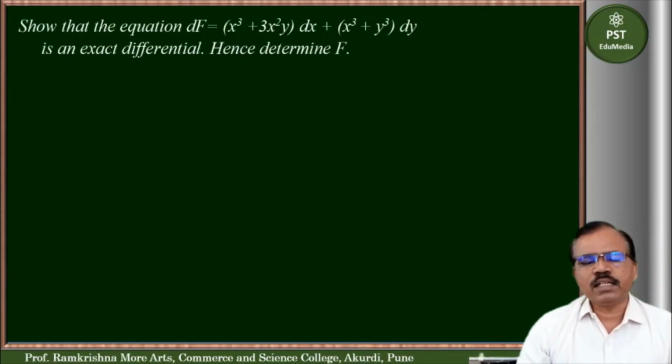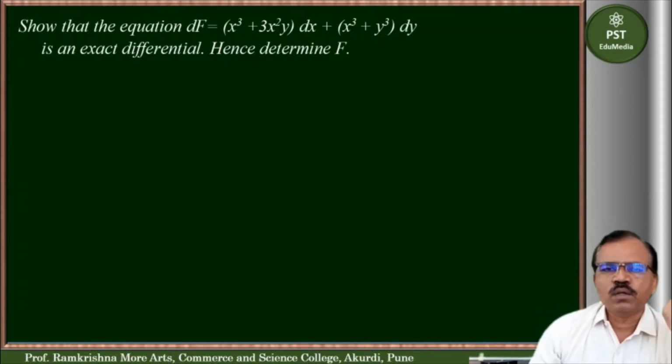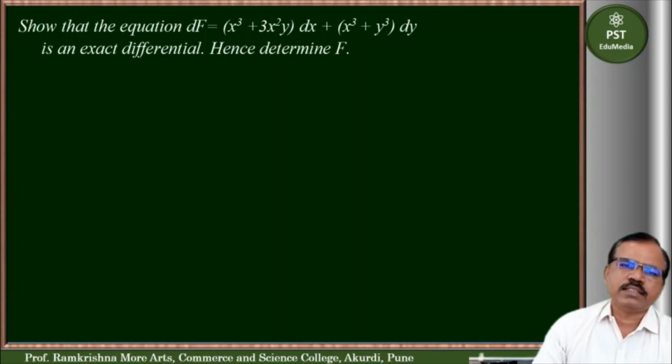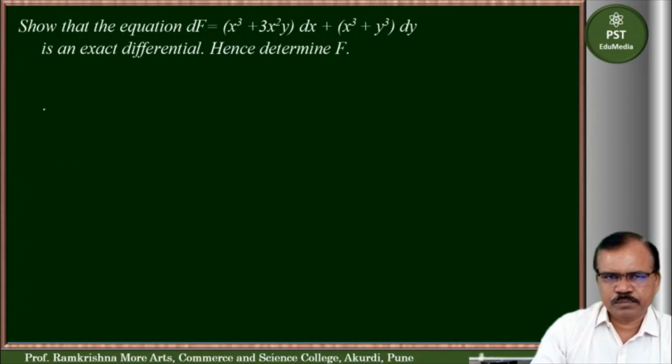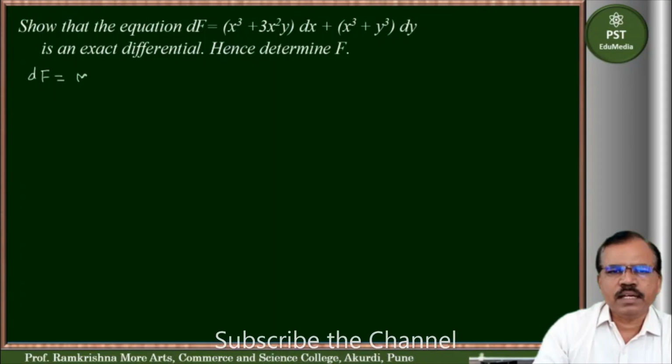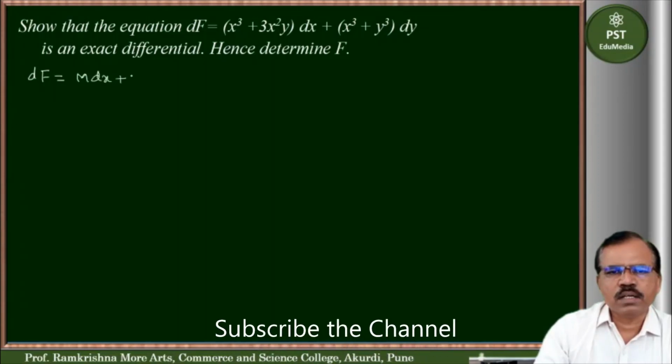Show that the equation df is equal to, in bracket, x cube plus 3x square y dx plus, in bracket, x cube plus y cube into dy is an exact differential, hence determine f. So as usual, we have df is equal to m dx plus n dy.